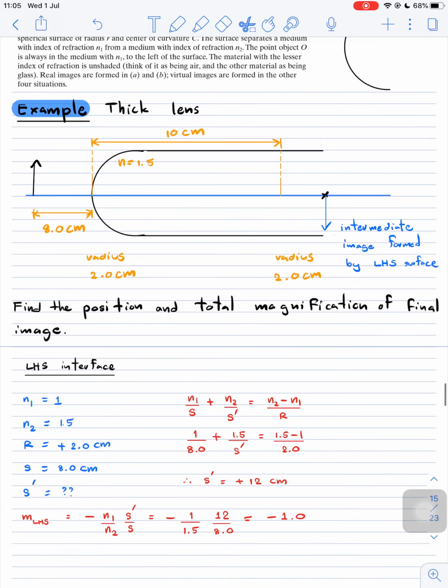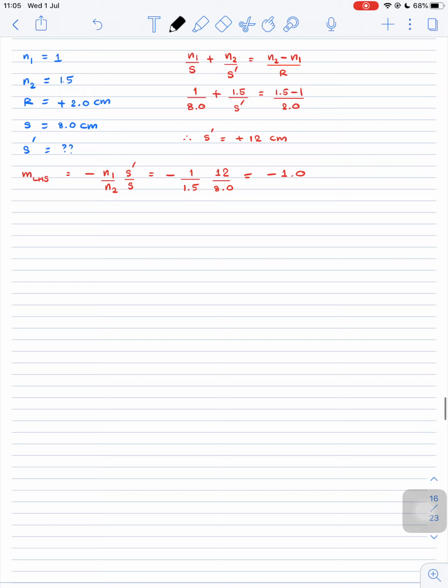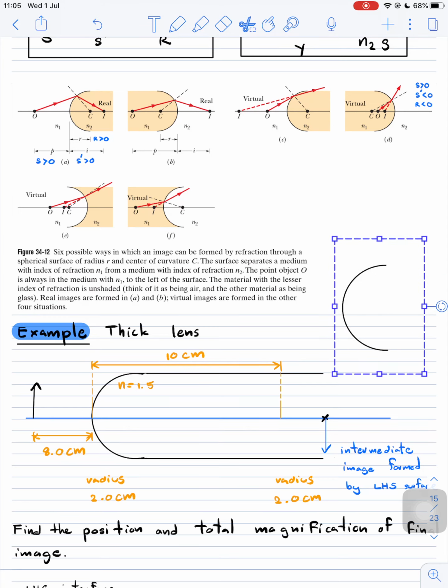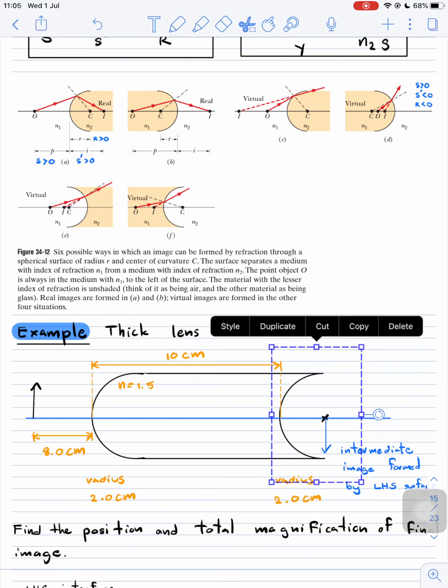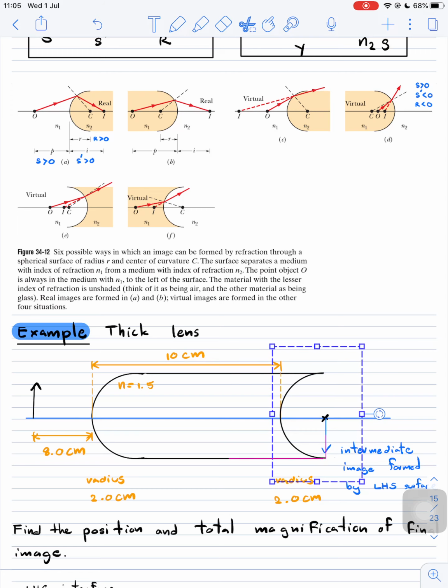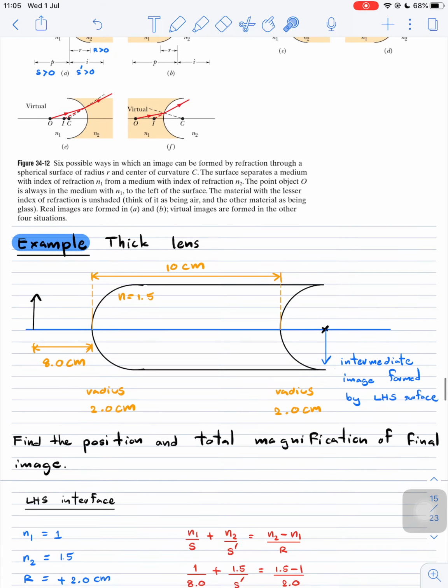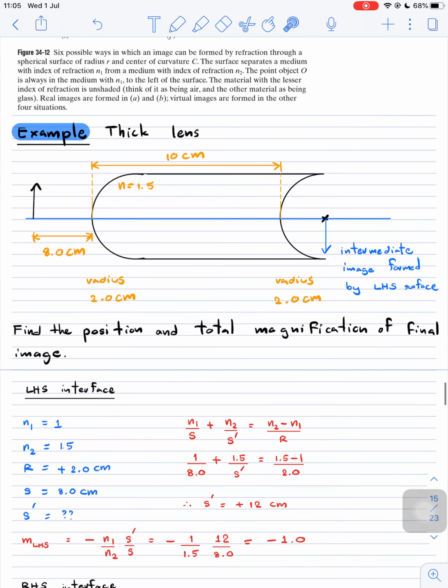Now let's consider the right hand side interface. So let's move this one back. This is the image, right?